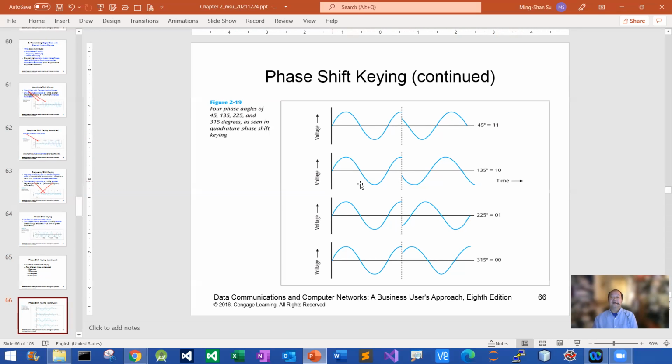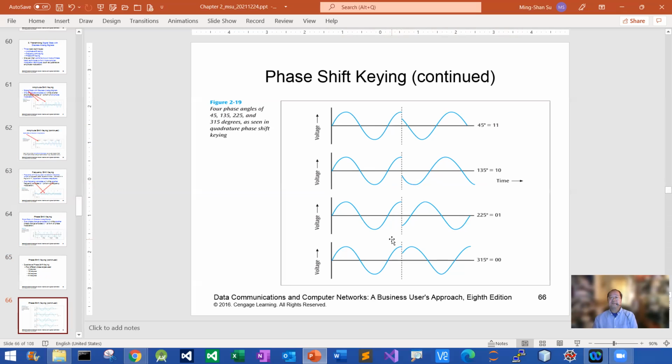And here is another example. It should start going down from here, right? But instead, we move this one to the left. So it has a phase shift keying of 135 degrees, and we use this one to represent the value of 1, 0.